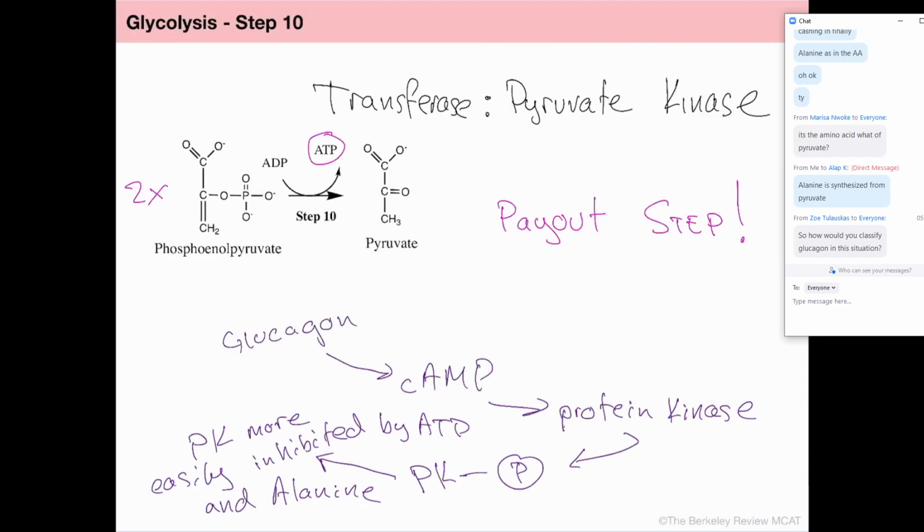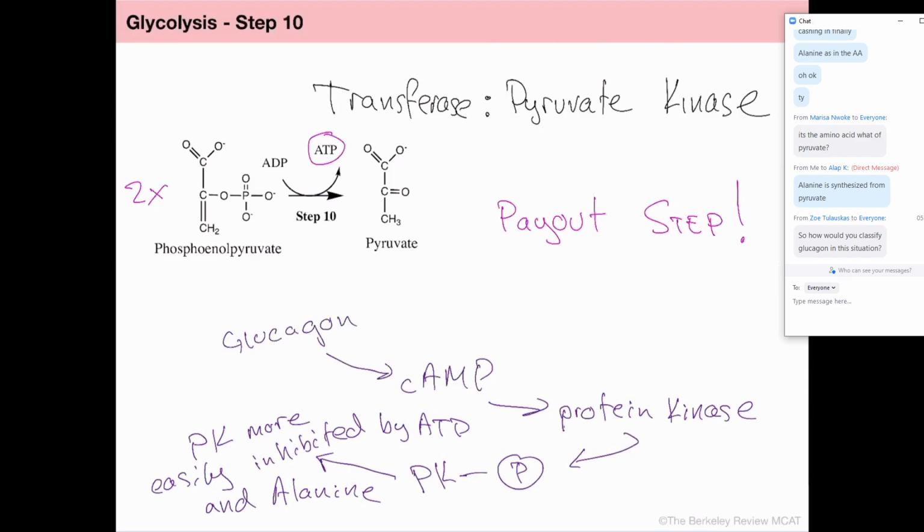And if pyruvate kinase is phosphorylated, it's going to be a negative effector of allosteric inhibition, which means that in the presence of ATP and alanine, pyruvate kinase is going to be less active, which is a mouthful.